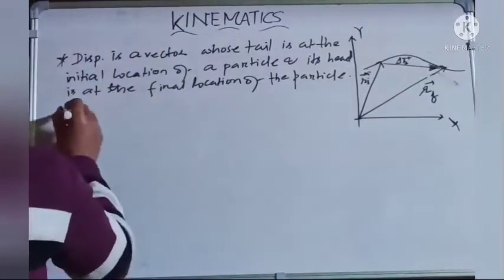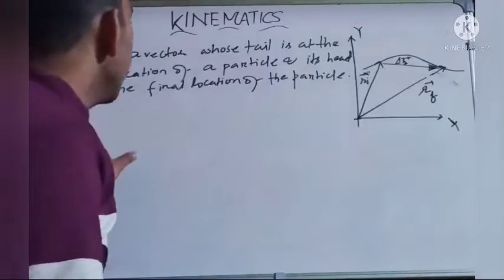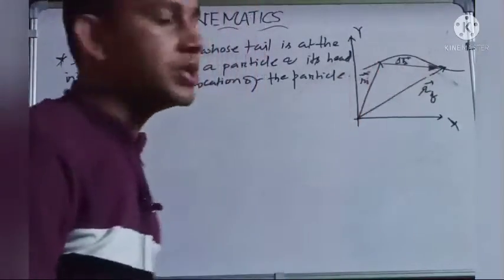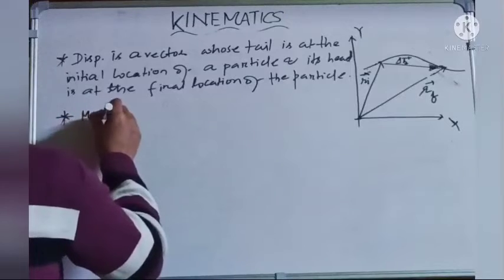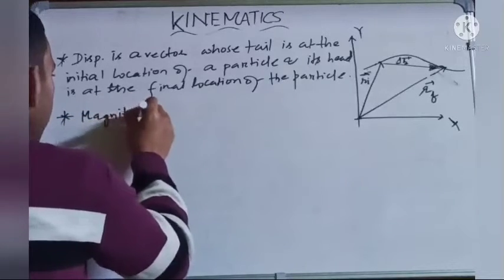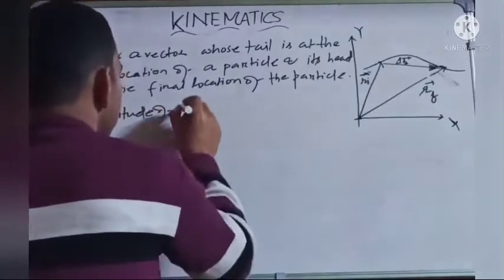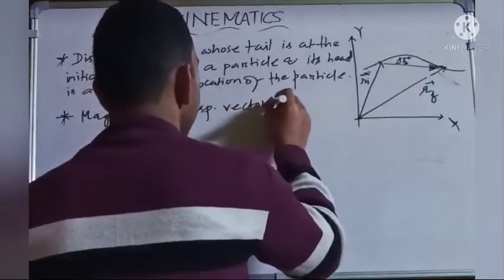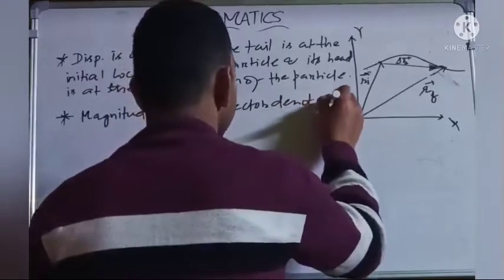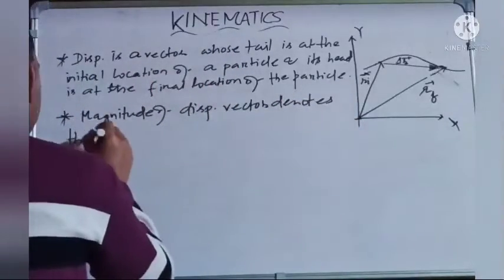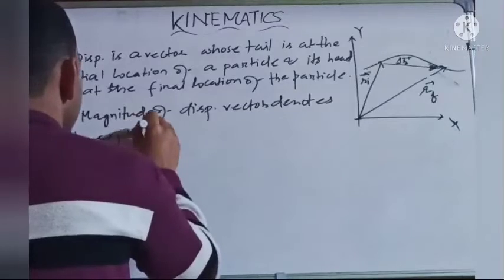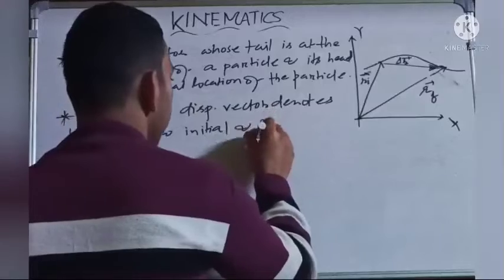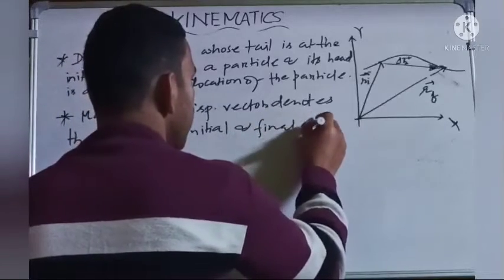This we have written. Next we have: the magnitude of displacement vector denotes the separation between initial and final positions.